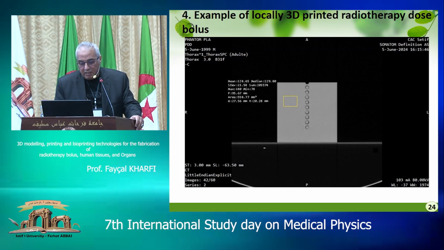We also check the enhancement value of the material used, because it is also a value that the treatment planning system needs in order to calculate the dose. Here, the enhancement value of the material used is about 128 HU.